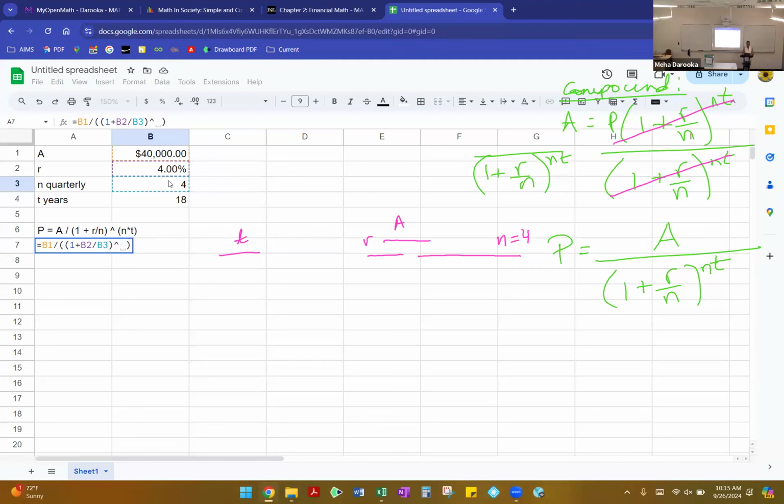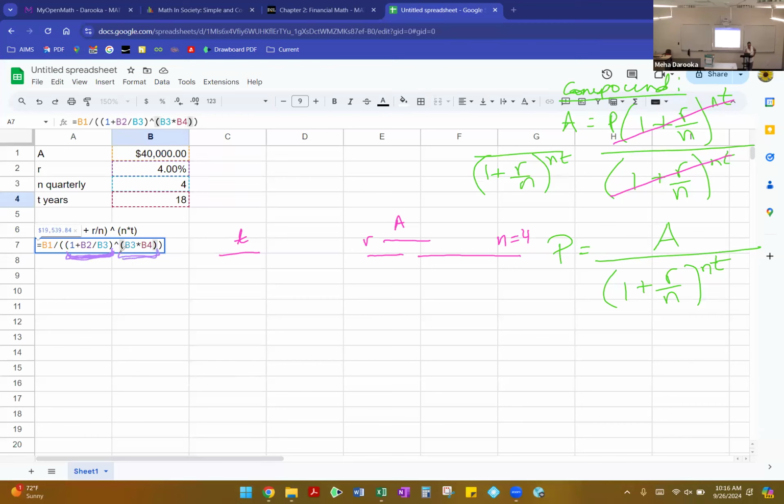So that's where my exponent goes, and then in parentheses again, because N times T is one single quantity. That will be N multiplied by T, and then I'm closing that parentheses also. So you can see in our grouping here, 1 plus R over N, I'm grouping together by using parentheses.